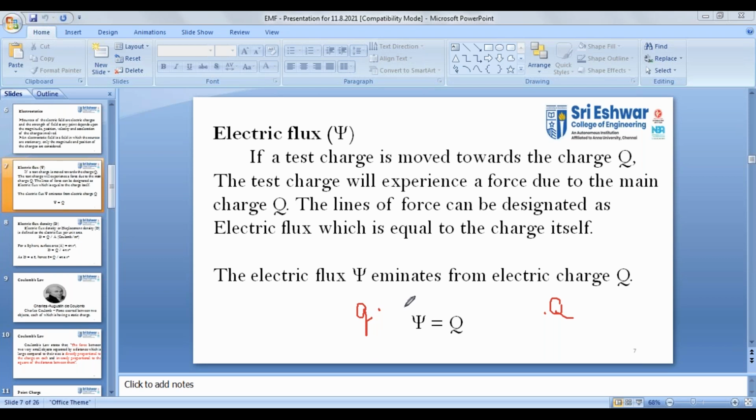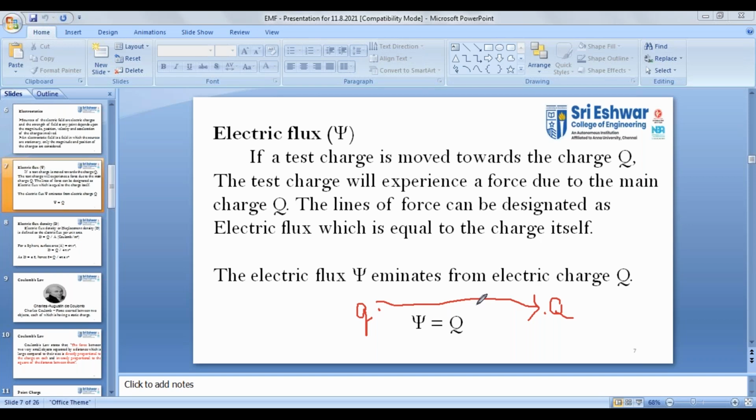If I try to bring this test charge towards the main charge, what will happen is that this test charge will experience a force.